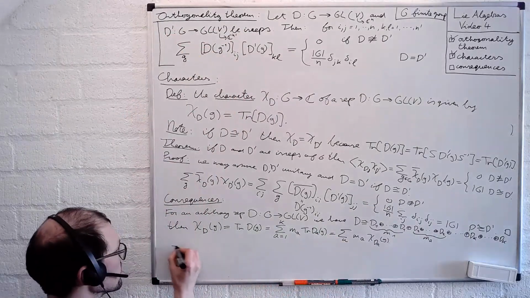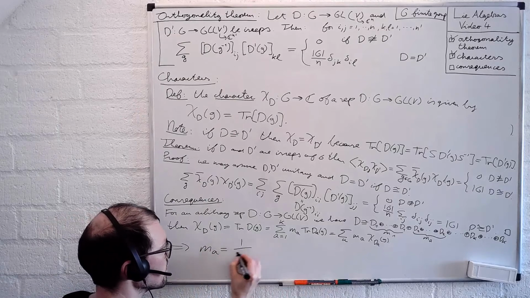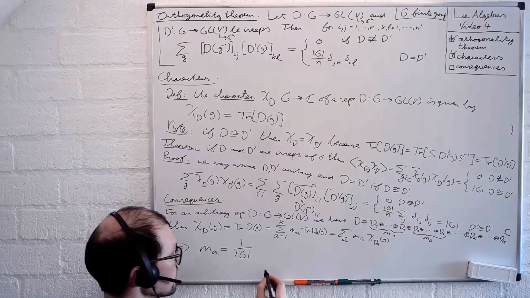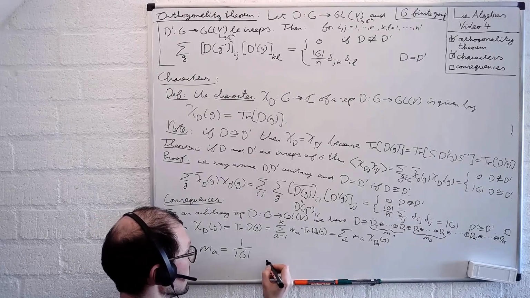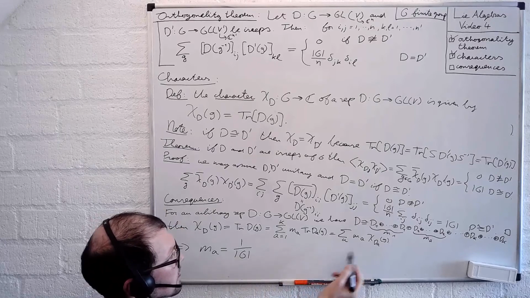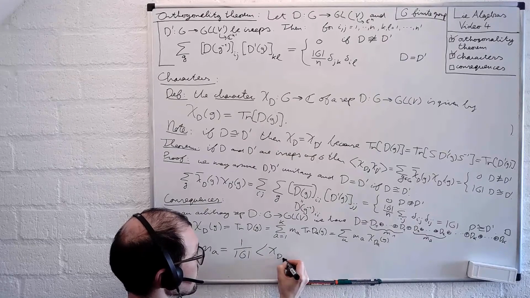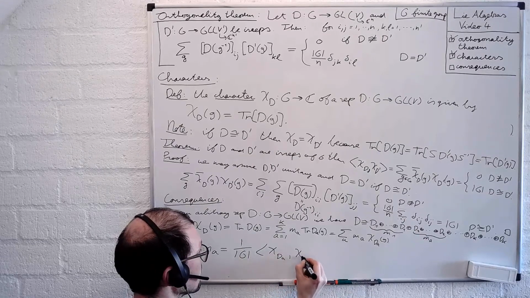So a consequence is that m_A is, up to this normalization by 1 over the order of the group, given by the inner product, if you like, of chi_{D_A} with chi_D.